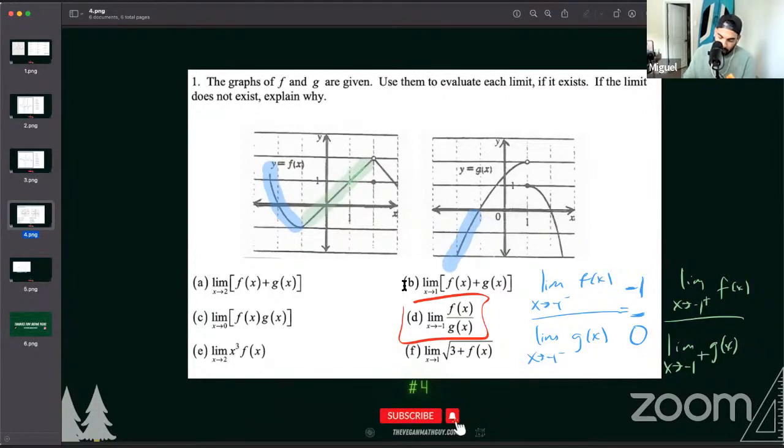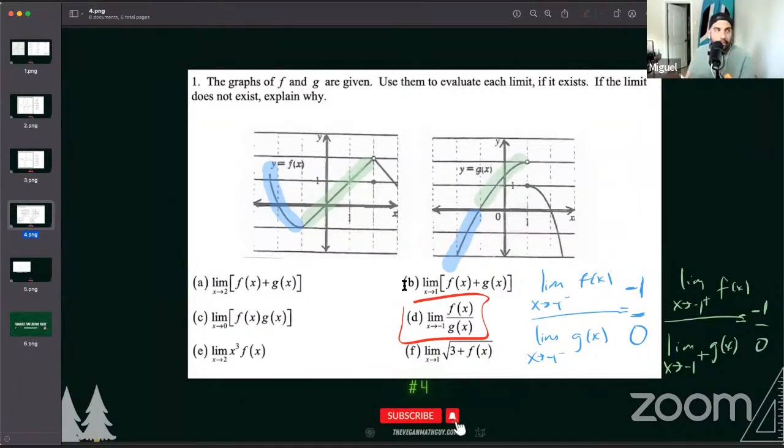So I'm going to put a -1 next to it on my limit. And let's see what g of x approaches when x approaches -1 from the right. What do you know? 0 as well.